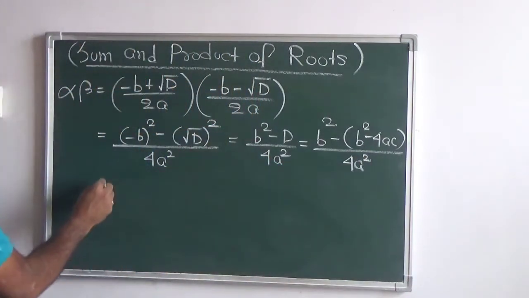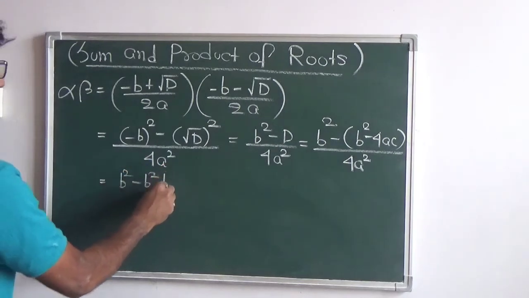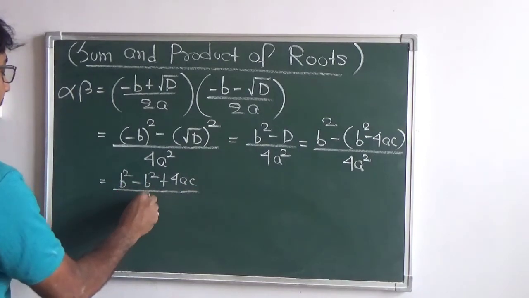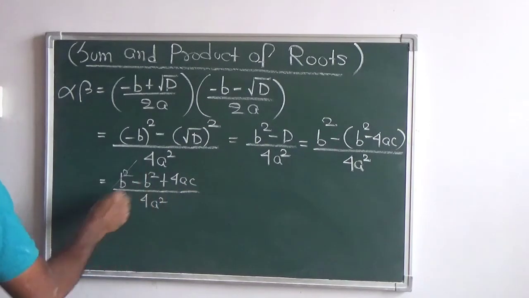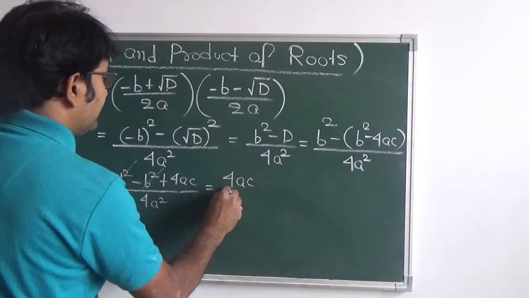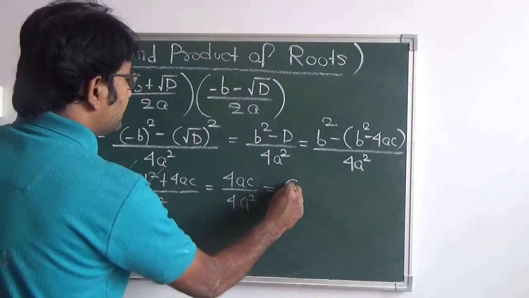Now we open the brackets. We have b square minus b square plus 4ac by 4a square. So b square and b square will be cancelled out. We will be left with 4ac by 4a square, and that will give us c by a.